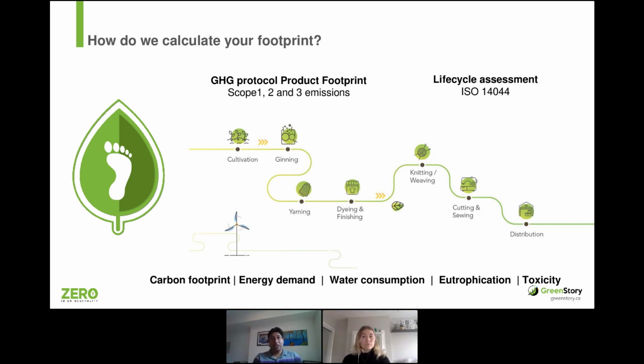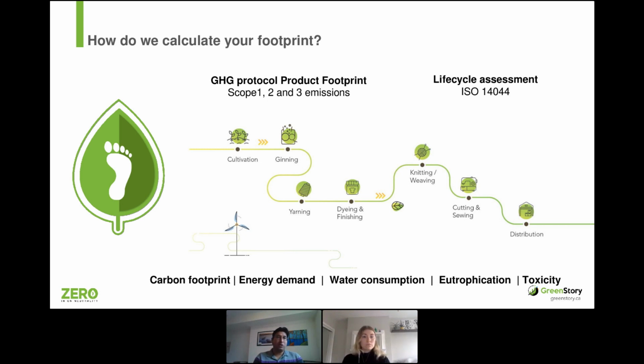And then there is a life cycle assessment, which is very similar to the GHG protocol, which is the ISO 14044 standard, to again calculate footprint from cradle to grave. What we use primarily is a life cycle assessment methodology because it not only helps us calculate the carbon footprint, but also a lot of other environmental metrics which are important, such as fossil energy demand, water consumption, eutrophication, toxicity, which are really critical when you start looking at reducing your impact.